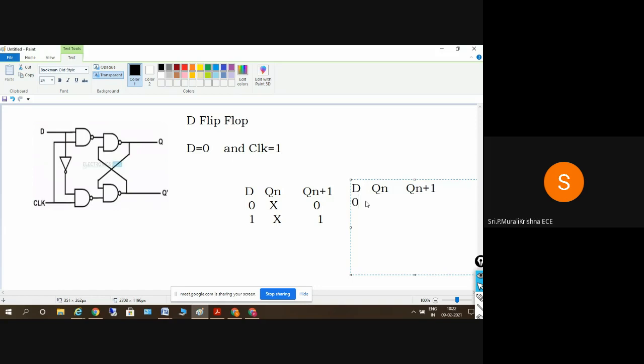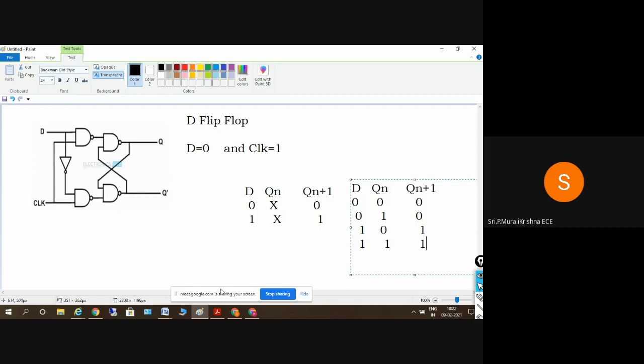So 0, 0, 0, and 0, 1, 0, and also 1, 0, 1, and 1, 1, 1. So Q of n plus 1 is 0 when D is 0, and Q of n plus 1 is 1 when D is 1.